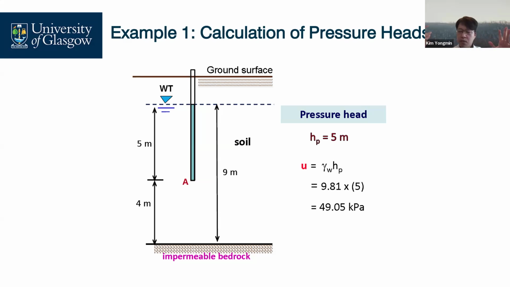It means the water unit weight times water depth. Water unit weight is 9.81. What is the water depth? We install a standpipe. This example already installed the water standpipe, and you can clearly see 5 meters. That's all.